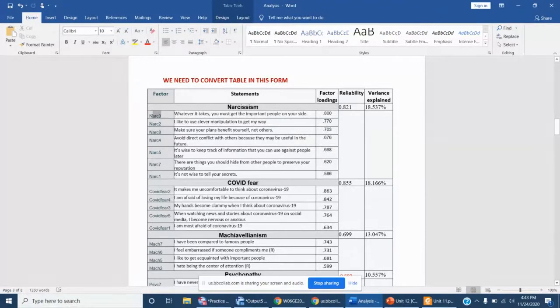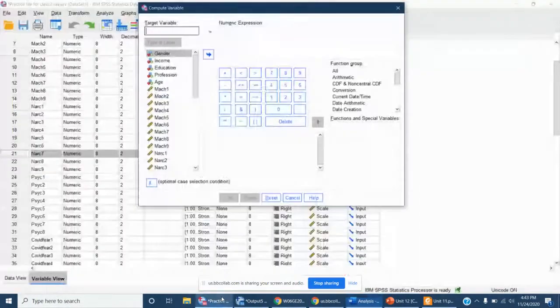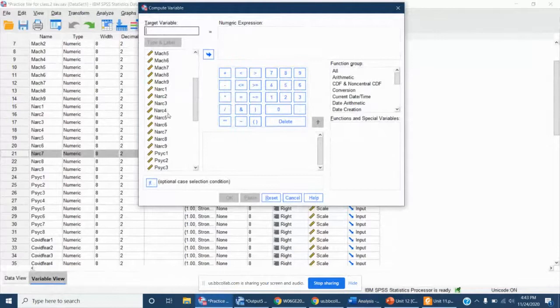So I will just take narcissism 3 now. Narcissism 3 will be searched from this column on the left-hand side. I have chosen narcissism 3. First of all, I need to have a bracket here. Narcissism 3 will be transferred with this arrow into the numeric expression box.